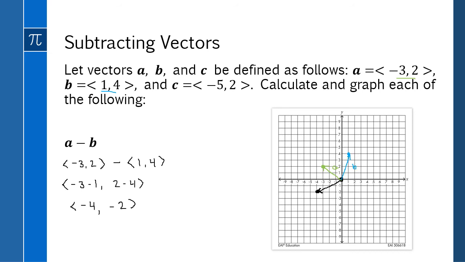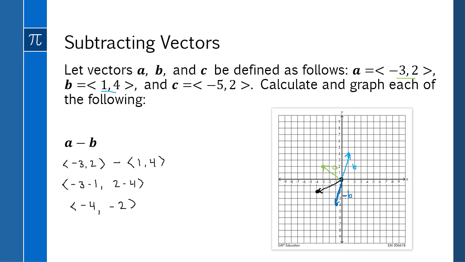So if we want to subtract vector b, the first thing I would do would be to find the vector negative b. So instead of going to the right 1 and up 4, negative b, well, I'll use a slightly darker color blue here, would go to the left 1 and down 4. So this would be vector negative b.